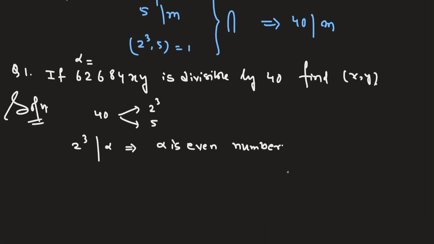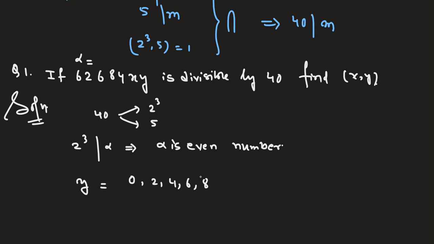So now y can take the values 0, 2, 4, 6 and 8, since alpha should be an even number, so the unit digit is either 0, 2, 4, 6 and so on.